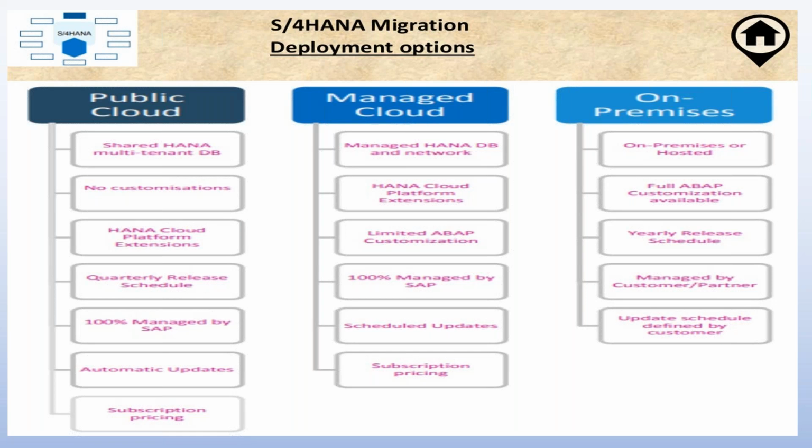There is no restriction on the amount of customizations you can perform. So on-premises is basically used by customers who are very big and don't use standard much, but use more of Z or Y. If Z or Y is heavily used, then you go for on-premises. Full ABAP customization is available, and the yearly schedule of updates you have to do on your own.